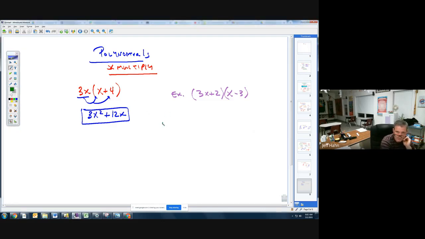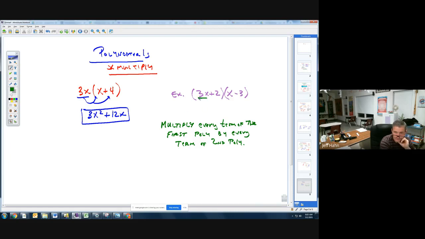You need to multiply every term of the first polynomial by every term of the second polynomial.